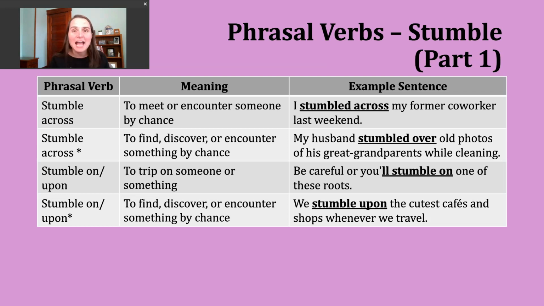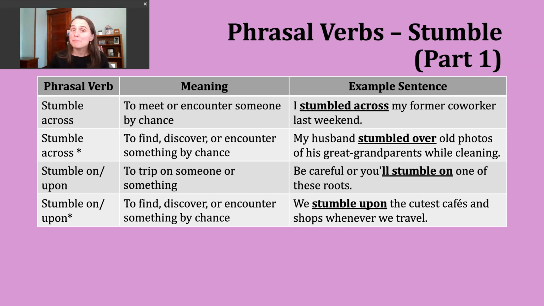This is something that happened recently. He was cleaning and all of a sudden he was like, wow, Katie, look at this. This is my great-grandma and my great-grandpa. And we had a lot of fun looking through the photos. But we didn't have a plan to look for and then look at the photos that particular day.